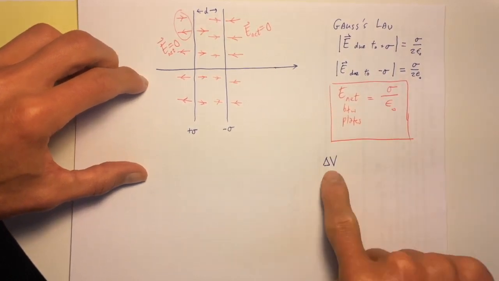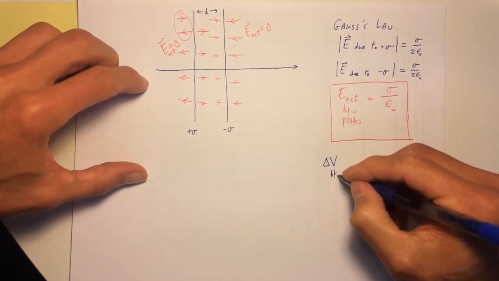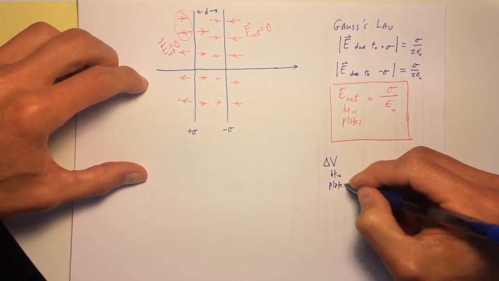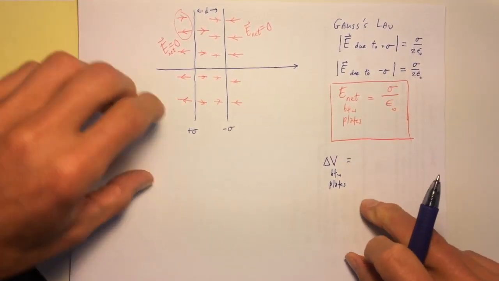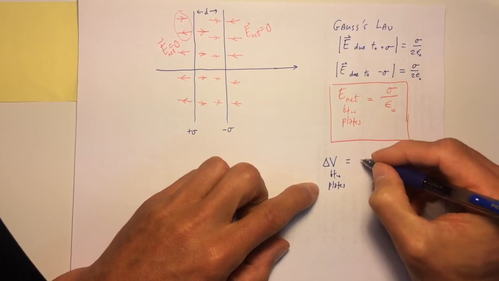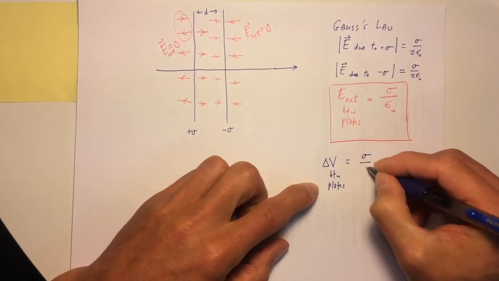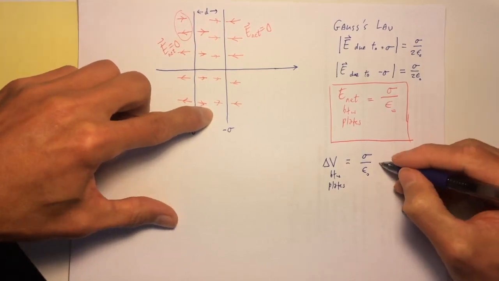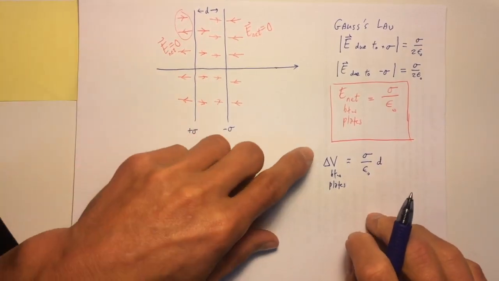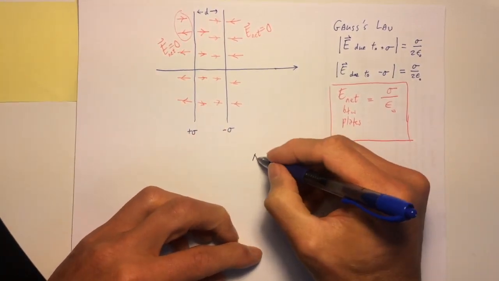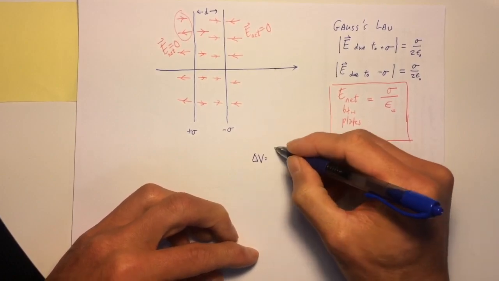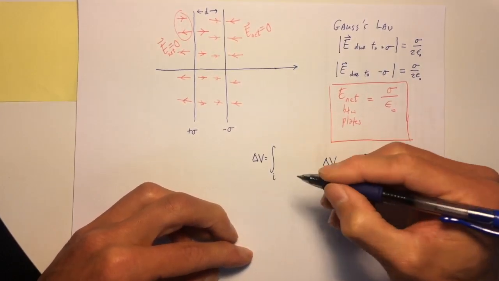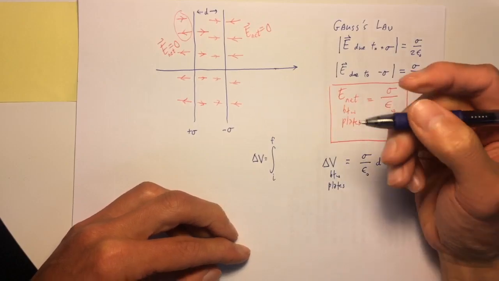The potential difference between the plates is as simple as doing this. The electric field is sigma over epsilon naught, and the distance between the plates is d. I'll remind you that delta V is equal to an integral from one place to another.